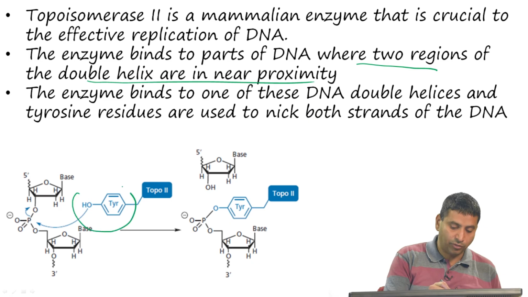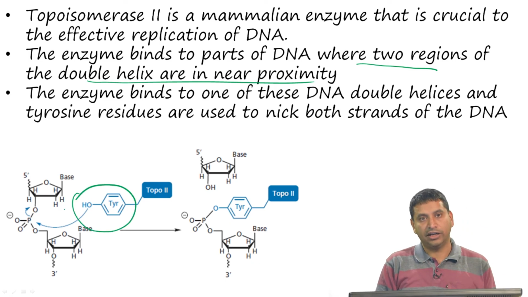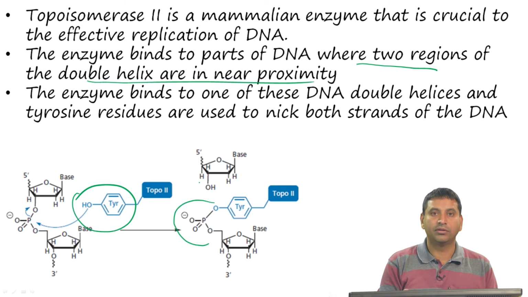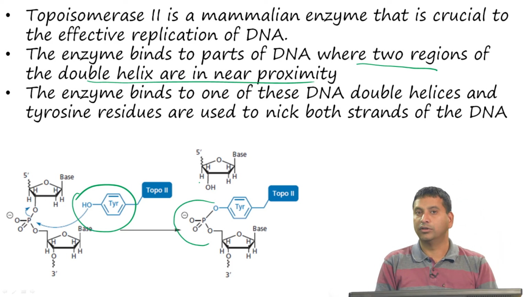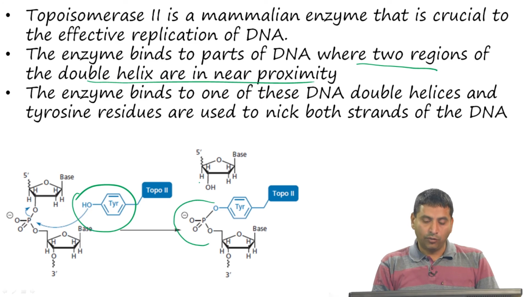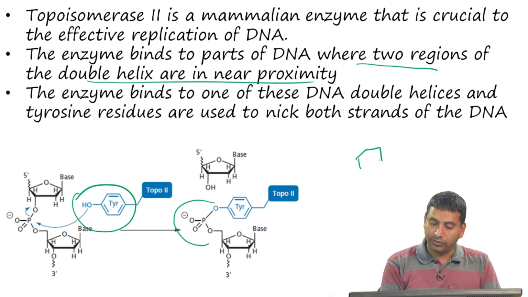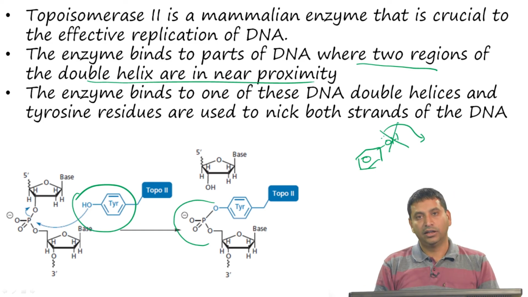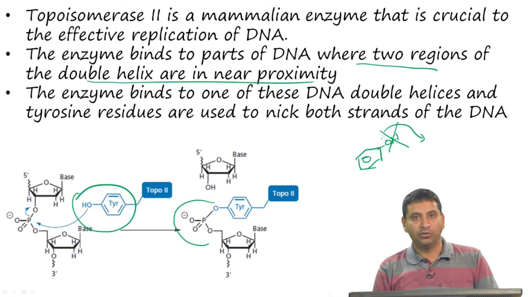So, this tyrosine residue over here reacts with this phosphodiester bond here and produces a nick, because you now have the separation of the single strand. So, if you now mutate this tyrosine residue, this hydroxyl group is very crucial. If you remove this and only use phenylalanine, then there is no possibility of this reaction occurring, and therefore, the enzyme loses its activity.